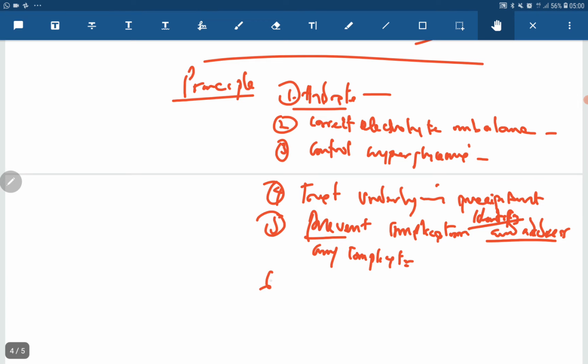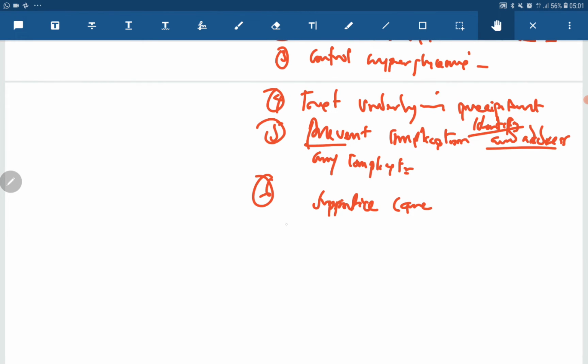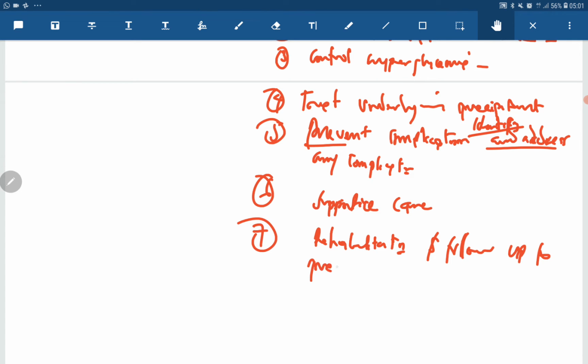The sixth one includes supportive care in this patient, and 7, you want to rehabilitate the patient and follow up to prevent recurrence.